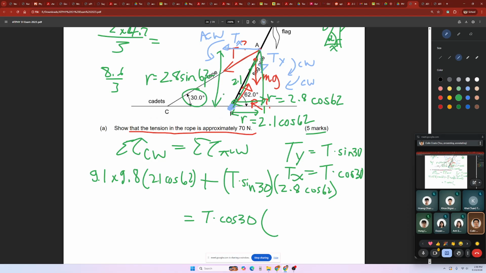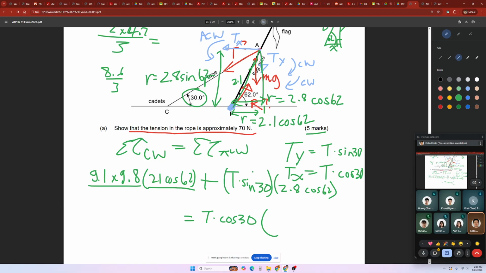Again, it looks confusing at first, especially if you have to write this all out in one go, but you do it step by step. What is the force? What is the perpendicular distance? And it's always the same, okay? Force times perpendicular distance, plus anything else that's causing the same direction of moments.